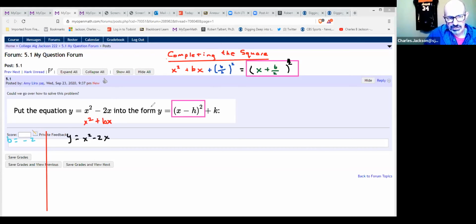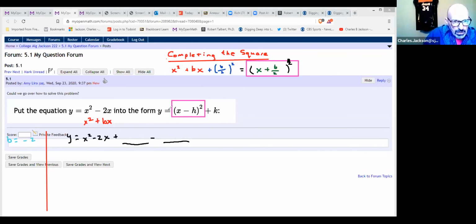And we're going to add the square of b over 2 to that, and we're going to justify it by subtracting back out that same number, whatever it is. So that is actually okay. When we were solving quadratic equations in one variable, x, we had to do the same thing to both sides, and that's what justified adding the square of b over 2. Now, we're putting it and we're taking it. Put it and take it. It's an old move in math, the put and the take.